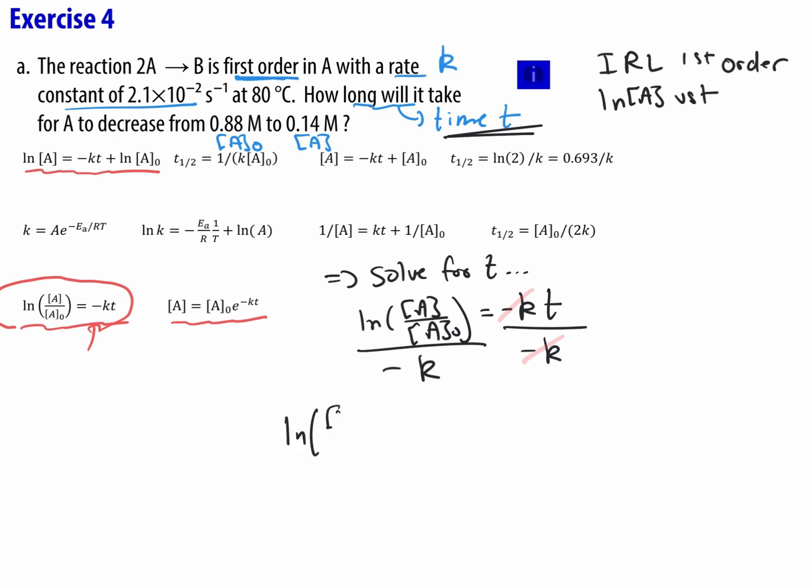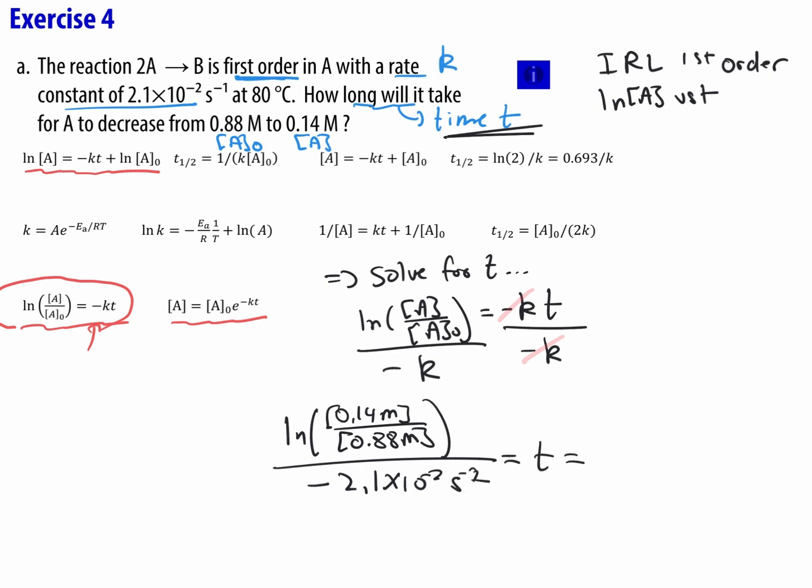A was 0.14 molar. A0 was 0.88 molar. Negative k, negative 2.1 times 10 to the minus 2 seconds to the minus 1, is equal to t, which when I plug that in is equal to 87.5 seconds.